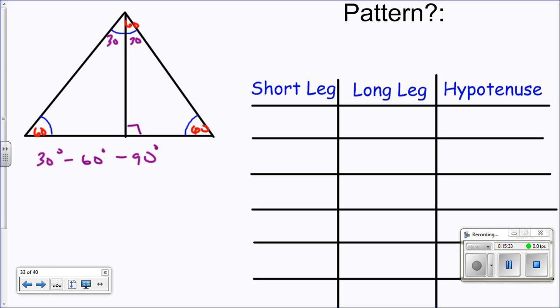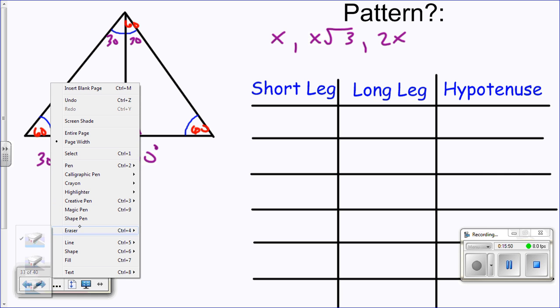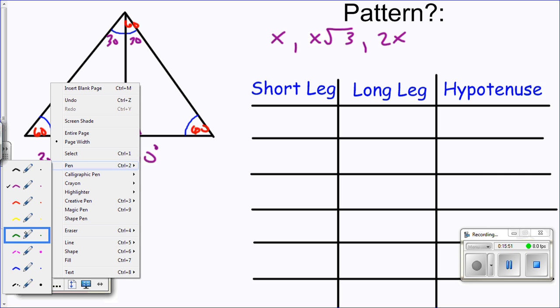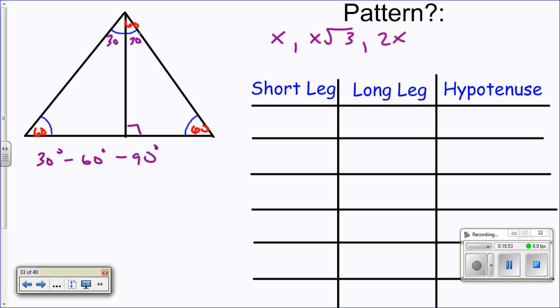The pattern, according to your formula chart, is x, x root 3, and 2 times x for the hypotenuse. So, for example, the short leg is always across from the 30-degree angle because that's the smallest. So let's say the short leg is 1.